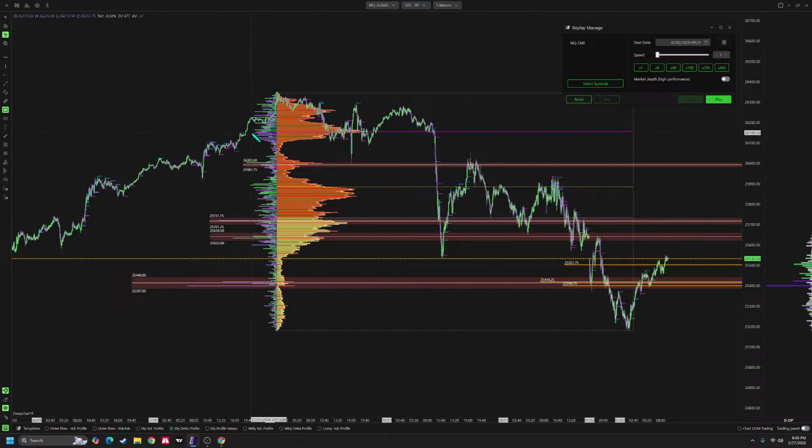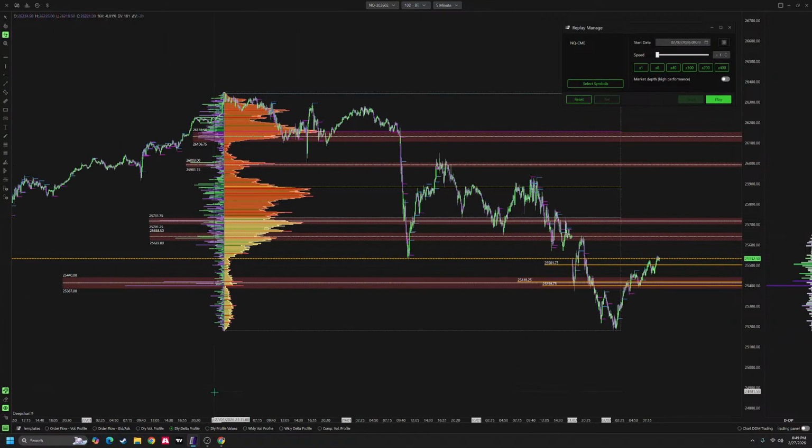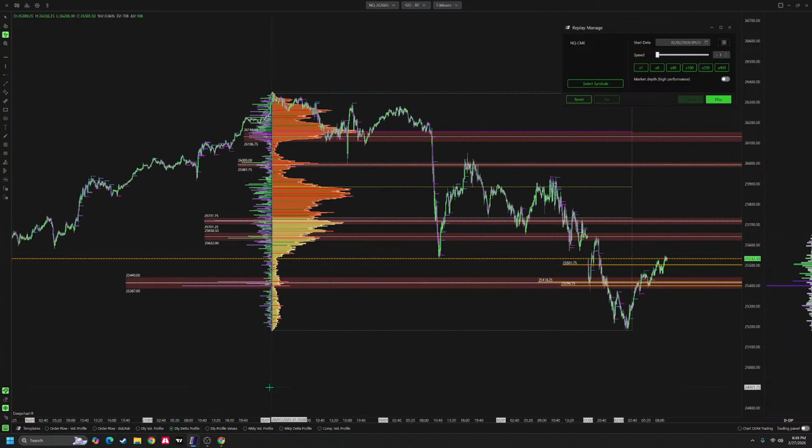And then here we had a lot of aggressive selling when price just ripped down. So those are some levels I'm looking at, right? Obviously we can keep going up. But that's my volume profile with delta.